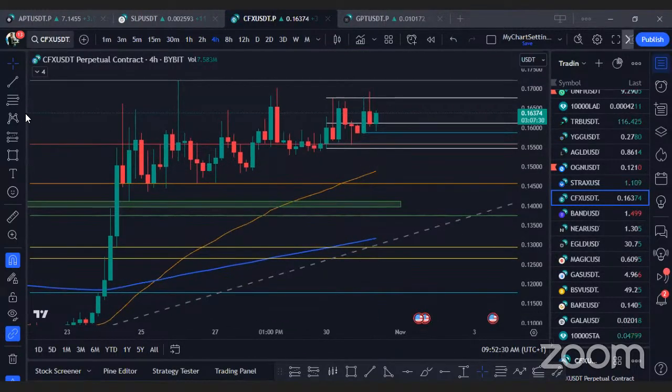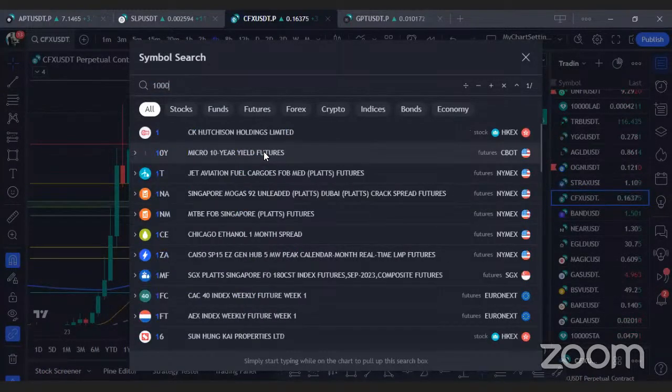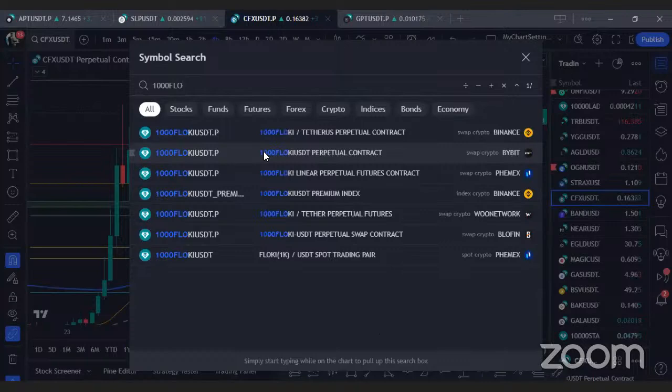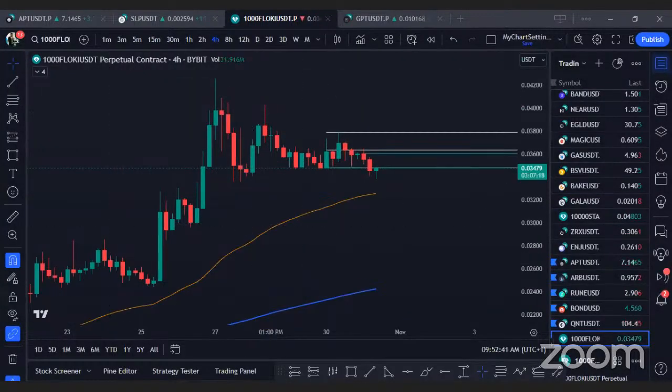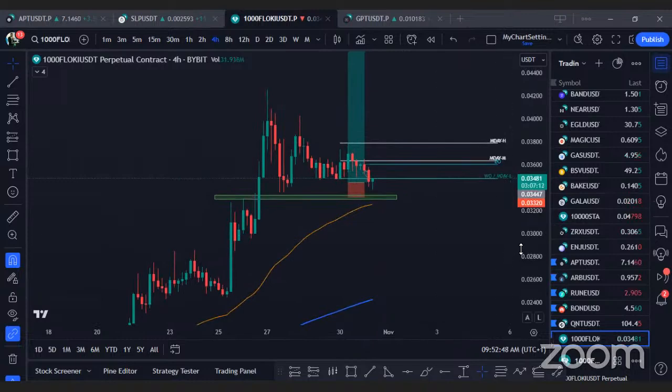For now, let me go to the Floki stuff. My entry for that token is still very far, actually.